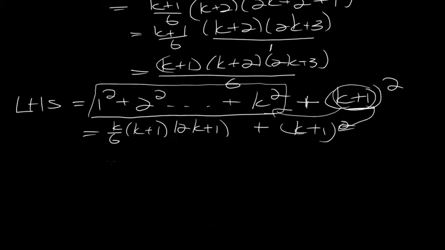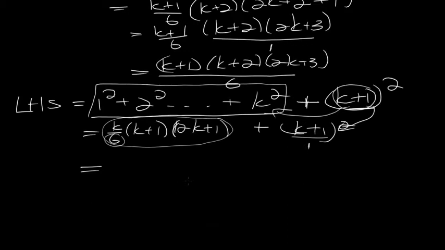Okay, so now we just need to simplify this. And how will we do that? Well, let's get an LCD here, the lowest common denominator. And what will that be? Well, for this one, the 6 will be the denominator, and here it will be 1.